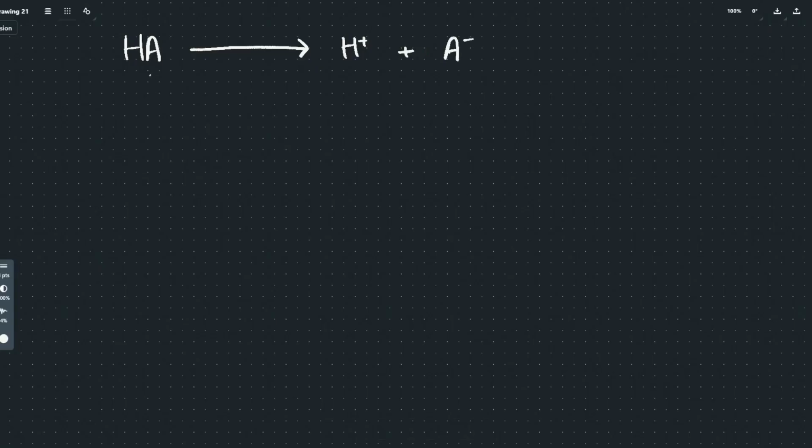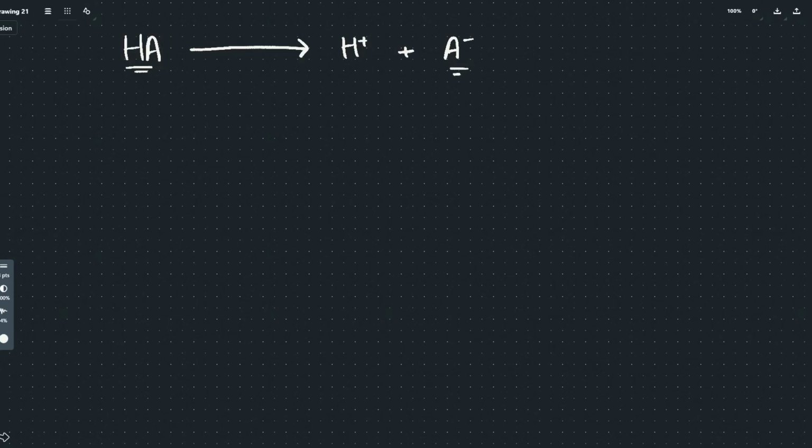Now, if we add more of this A negative such that they become almost equal or nearly equal, then we will have this base fighting soldier, and this acid fighting soldier, which is the conjugate base. We have discussed all those details in the last lecture.